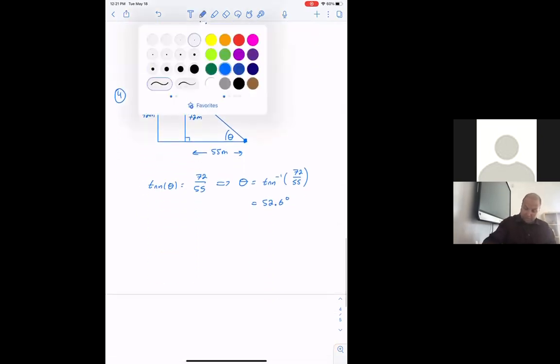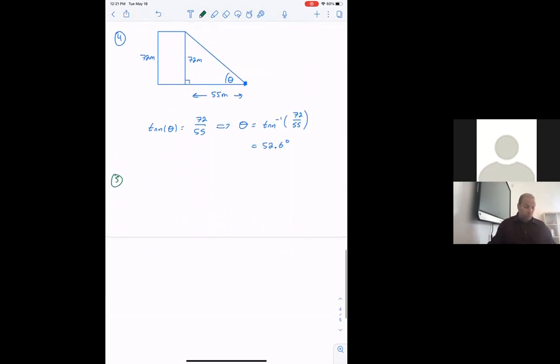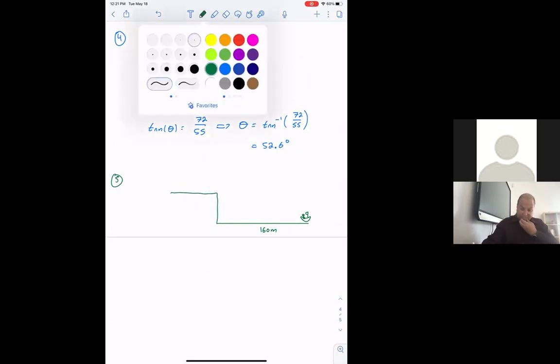And then finally, we have question number 5. From a boat 160 meters out to sea. So here's the boat, which is over here. That's my boat again with the person in there. 160 meters out to sea. The angle of elevation to the coast is 18 degrees.